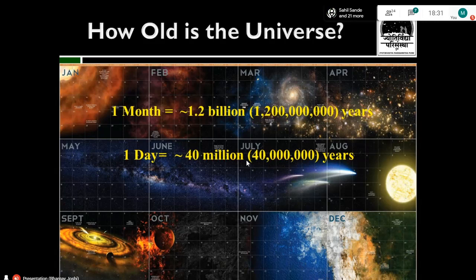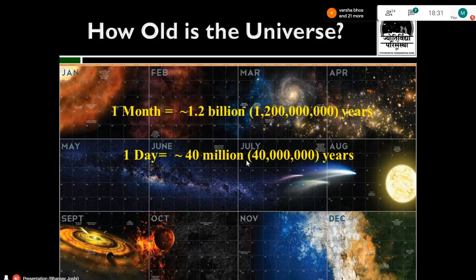It means you have crossed a time span of 1.2 billion years. And each day in the cosmic calendar stands for 40 million years. So just remember, when you move from 3rd of Jan to 4th of Jan, you're not passing 24 hours, but a 40 million year duration has elapsed. Only then can we represent the entire age of the universe in a single year.